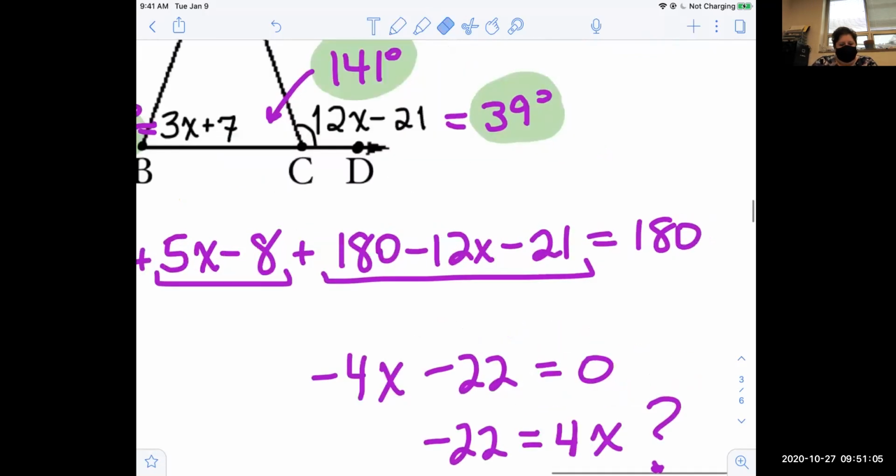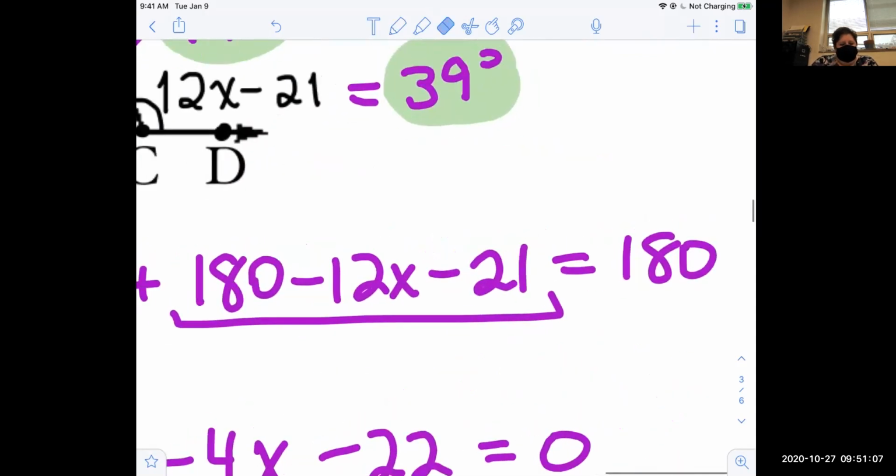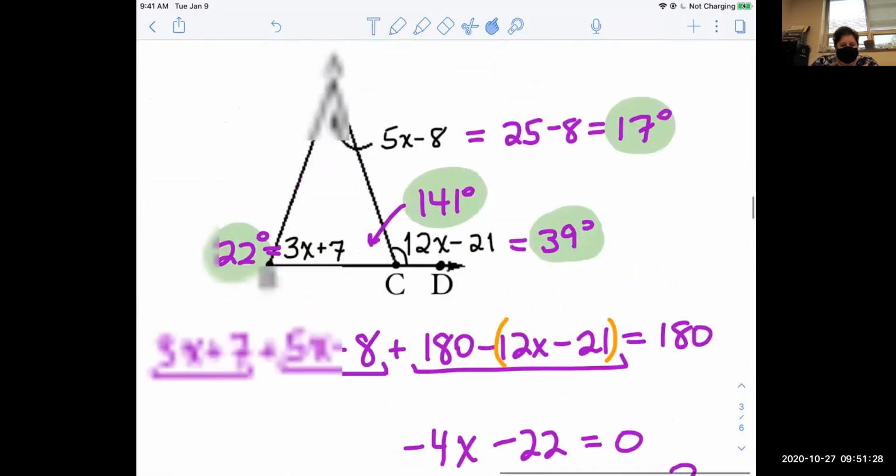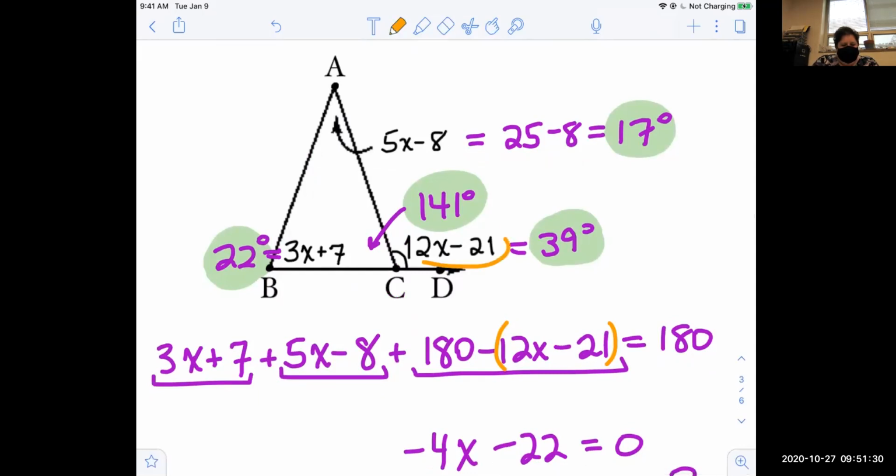Okay, here's the problem. When you told me that you wanted to find the supplement of 12x minus 21, Philip, say it again. Because why? There needs to be parentheses there, right? So if this was an expression for the exterior angle, the supplement of that is 180 minus that quantity.